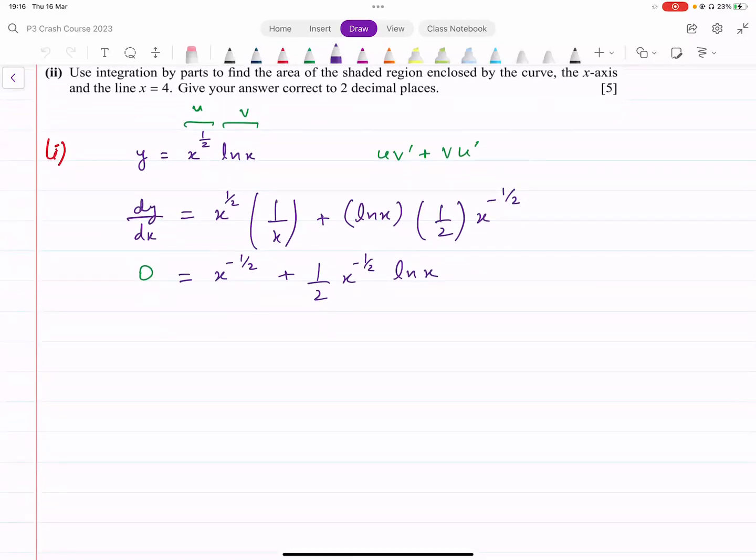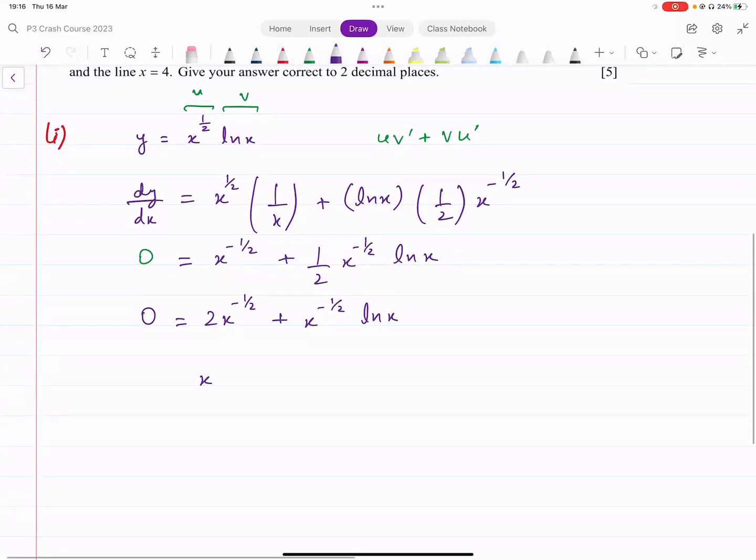What we can do is we can first multiply the whole equation by 2 to get rid of the fraction. That gives us 2x raised to power minus 1 over 2 plus x power minus 1 over 2 into ln x. So I've just multiplied the whole equation by 2, and that gives me this. How do we solve this equation now? We could take x raised to power minus 1 over 2 common, and that gives us 2 plus ln x inside.